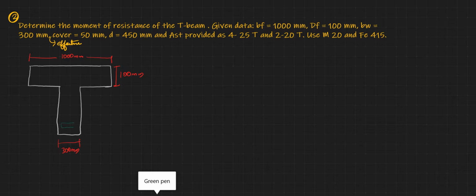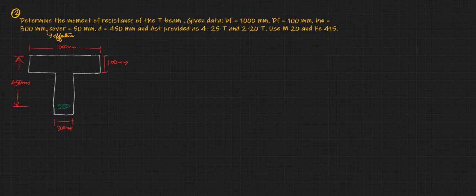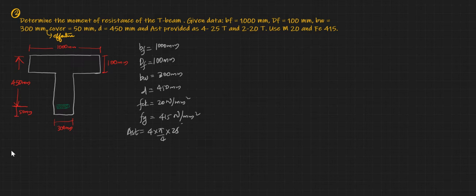This is the AST provided, the area of steel. The effective cover is 50 mm, which means the total depth is 500 mm. The grade of concrete used is M20 and steel used is 415. I will get AST as 2591.81 mm square.